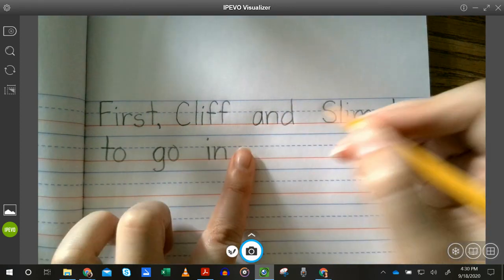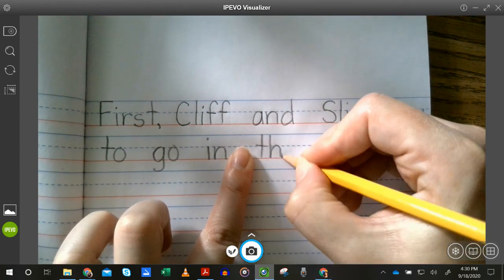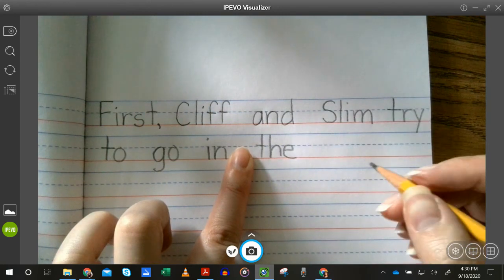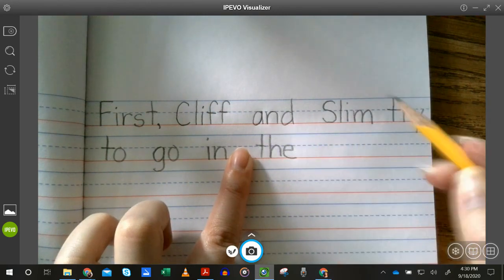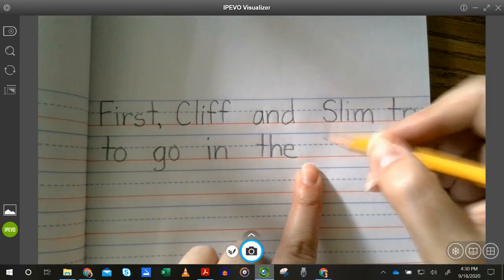Look at all these sight words. See how knowing your sight words helps a lot with your ability to read and to write. First, Cliff and Slim try to go in the house.